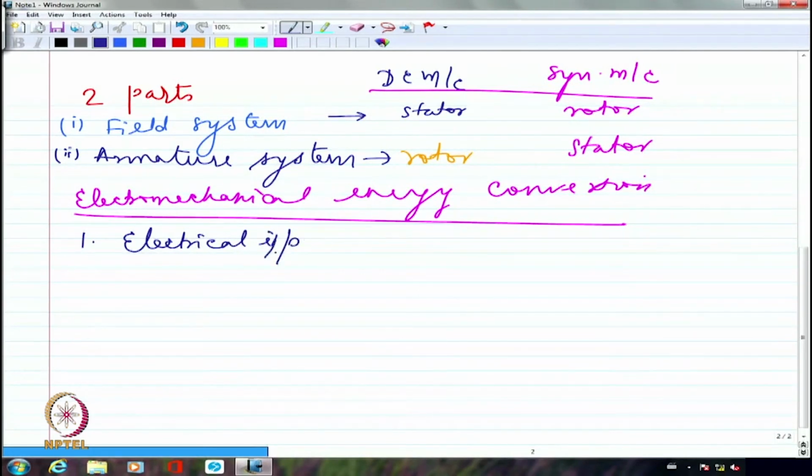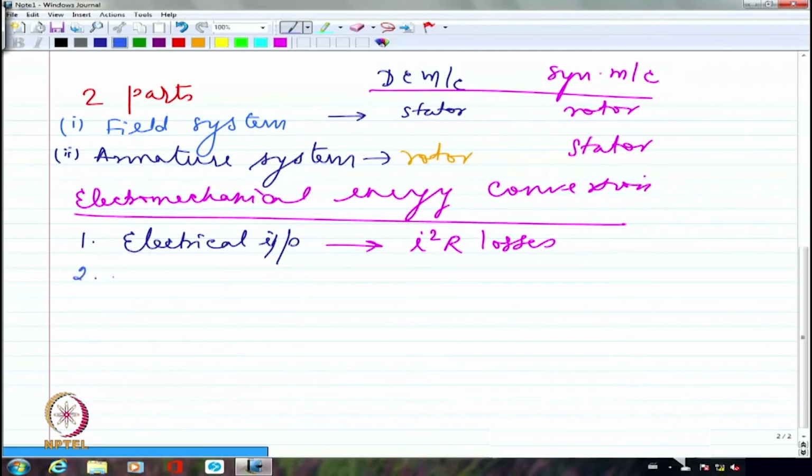Whenever I am talking about an electrical input, that means I have certain voltage applied, and there should be some current flowing, because of which there will definitely be some I square R losses as well. So correspondingly, the losses in the electrical input system will be I square R losses.